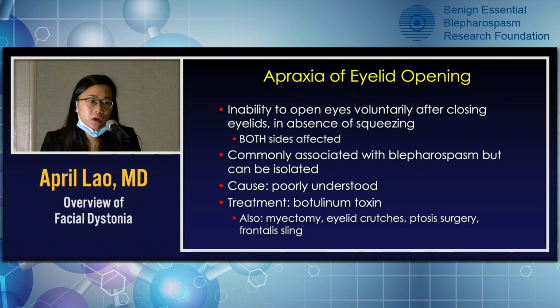Most people will start off by giving Botox, targeting the pretarsal area, the orbicularis basically right over the top of the lid. But they can be refractory. There have even been some cases that have required up to 120 units of Botox and still had no response. So these may actually be more of a surgical treatment with the myectomy, ptosis surgery, frontalis sling, or eyelid crutches.